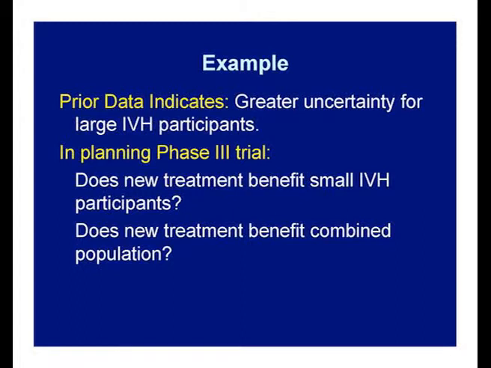So it's a pretty big chunk, and you would learn a lot more if you could answer this question for people with large IVH, but you don't want to put all your money on that because you don't have much background data. So in planning the phase 3 trial, we'd like to learn: does the new treatment benefit small IVH participants, and also does it benefit the combined population?